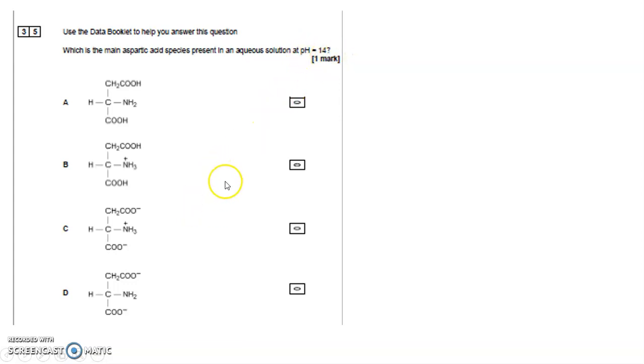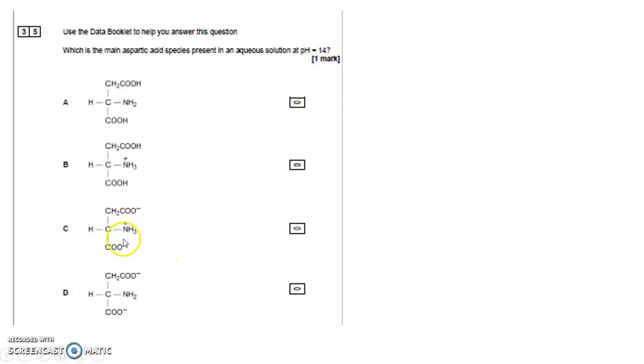So which ones of these have had the H pluses removed? The answer is D, where the COOHs have become COO minuses. This has had the H pluses removed by a base or an alkali.